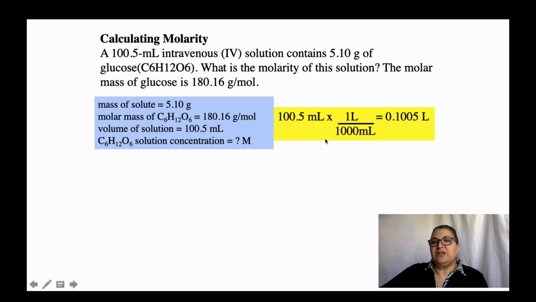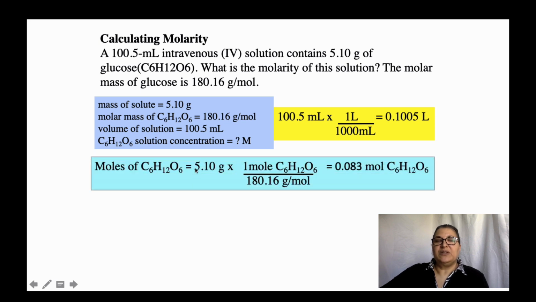So the first thing we want to do is change milliliters to liters. For every 1 liter, there's 1,000 milliliters. That's the first thing we want to do. Second thing, we want to convert grams to moles. So you take the grams divided by the molar mass, which will give you moles.